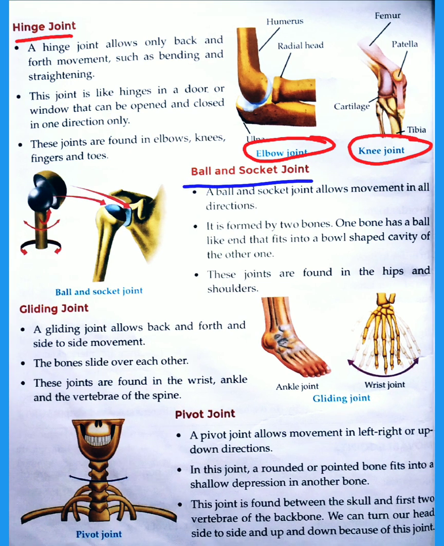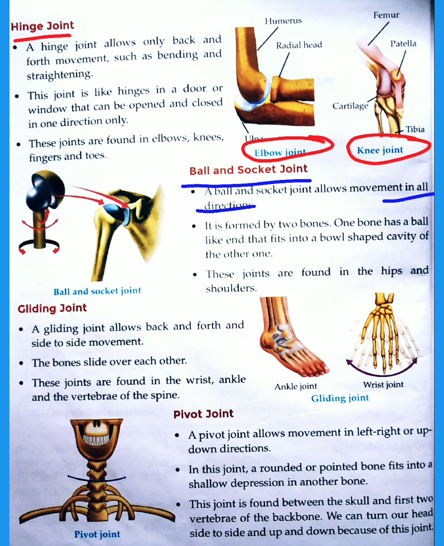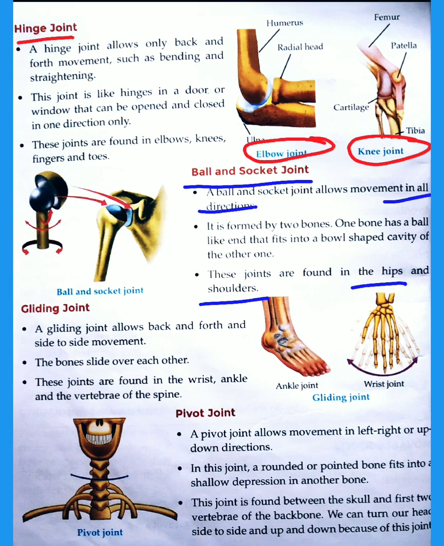So a ball and socket joint allows movement in all directions. They are found in hips and shoulders. So why is it called ball and socket? See, it is formed of two bones, okay? One bone has a ball-like end. Suppose this one is a ball.